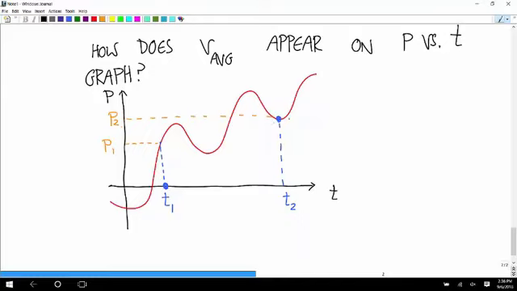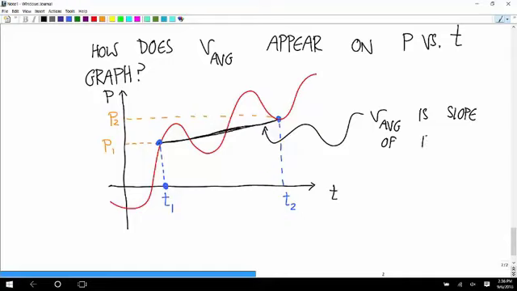And the average velocity is the slope of this line. And it makes sense if you think of the slope as the rise over the run, because what's the rise from this point to this point?